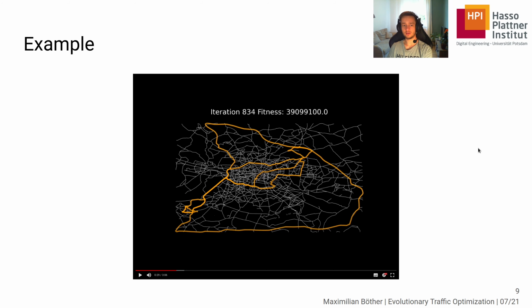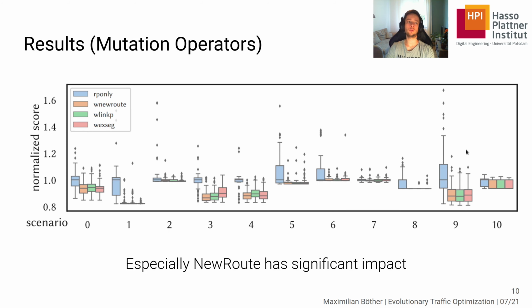And to continue with the next slide to discuss some results, we want to especially discuss the mutation operators. So you can see a box plot here, and in our paper we consider 11 different scenarios. Each scenario is a bit different. So we have short inner city routes, we have longer routes that use the highway, for example, and we want to check how the algorithm performs by gradually introducing our mutation operators.